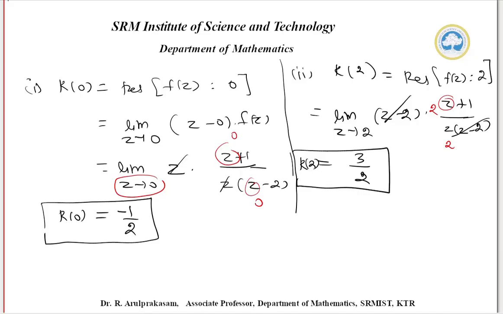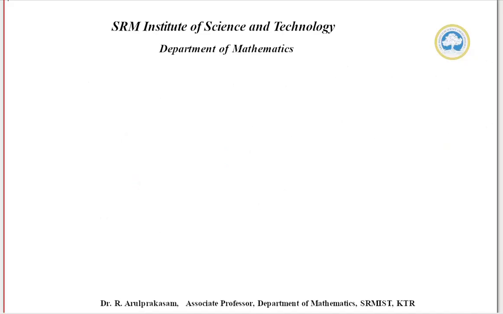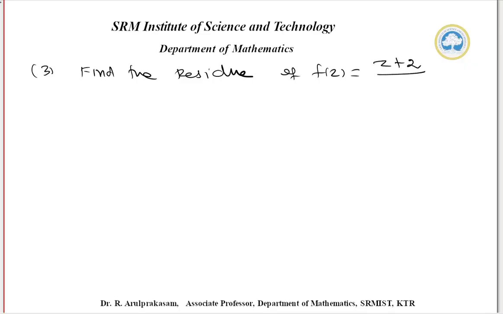in a pole of order m. So take the third problem. Find the residue of the function f of z is equal to z plus 2 divided by z plus 1 whole square.